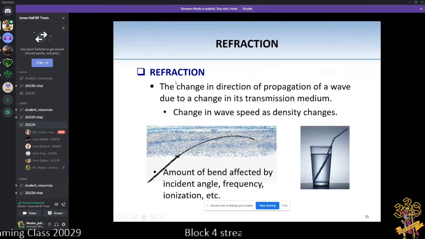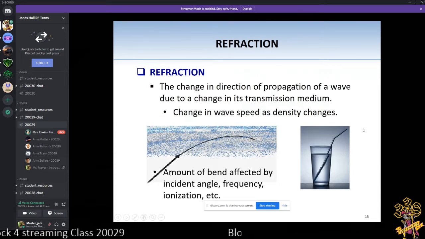Refraction. Refraction is a change in direction of propagation of a wave due to a change in its transmission medium. Okay, so here your signal is going through the atmosphere and it hits the D layer, which is really dense. It's been ionized heavily. So that's going to cause your signal to bend because it went from one medium into a different medium.